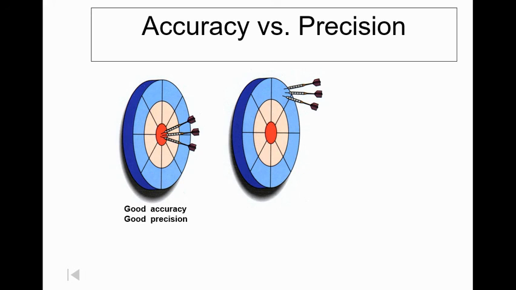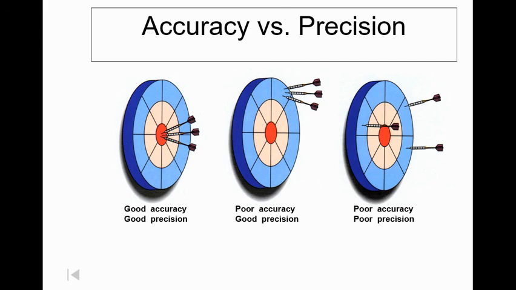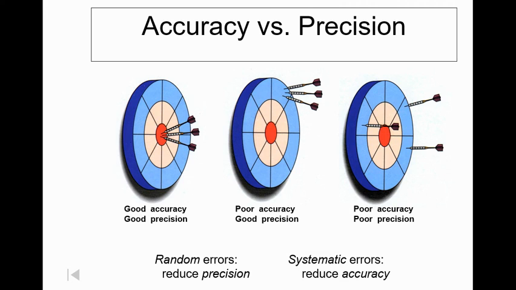Poor accuracy but good precision would come from the fact that maybe if you went to the doctor's office and you went to get your weight on a scale, maybe you didn't take your coat off and you had a bunch of coins in the pocket, you're going to get a reproducible weight, but it's not going to be close to the true reading. Poor accuracy and poor precision is when you don't get the same answer over and over again, and they're also not correct.